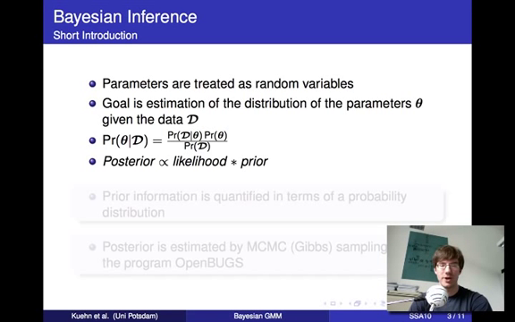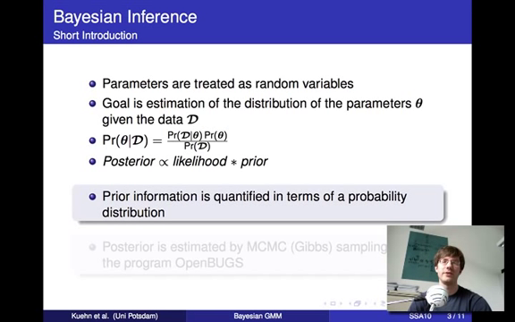The prior information is quantified in terms of a probability distribution, that means a number between 0 and 1. And that's of course also very nice, because it's a very principled way to do that. But of course sometimes it can be not so easy to specify a probability distribution over a certain parameter.